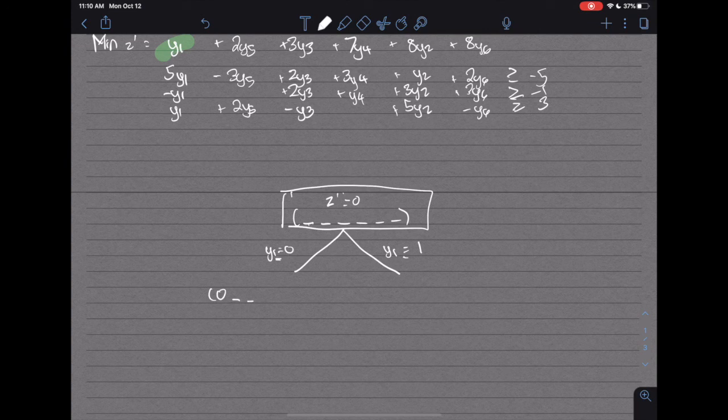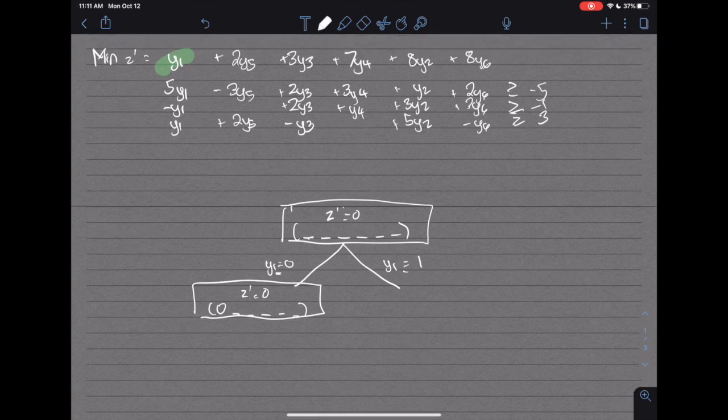The others we haven't finalized, so we keep blanks. 1, 2, 3, 4, 5. This is technically similar to the first node. So we know that this is still infeasible. So we can keep it as that.